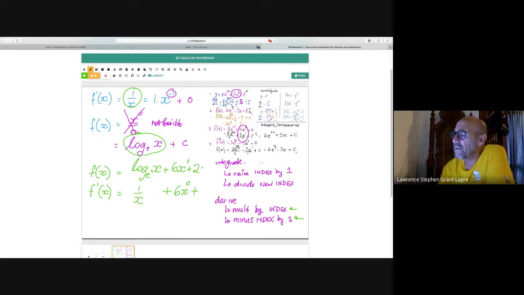And here you've got the constant, this is 2 to the power of 0, 0 times 2 is 0, and that's it. Simplifying this, we would get 1 over x plus 6, because 6x to the power of 0 is 6. And that's the derivative of log of x to base e plus 6x plus 2.